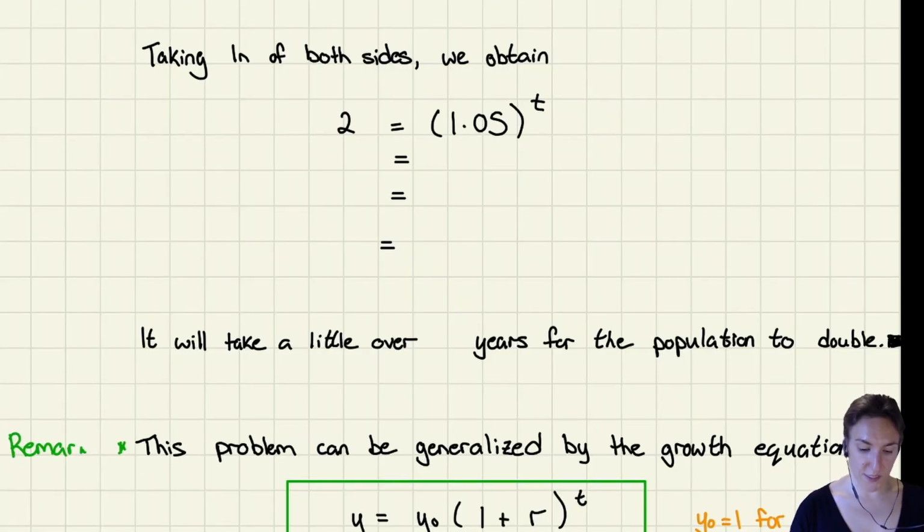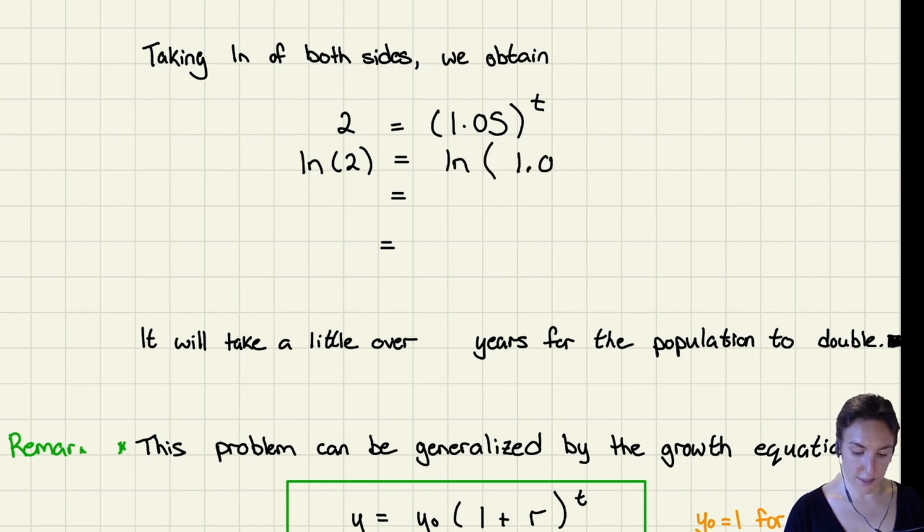Now I want to solve for t. These are different bases, so I'm going to take the ln of both sides. So ln of 2 is equal to ln of 1.05 to the t. And now what can I do with that t? Because it's inside the ln, I'm allowed to bring it out front. So ln 2, this is just a number, and then I have t ln of 1.05.